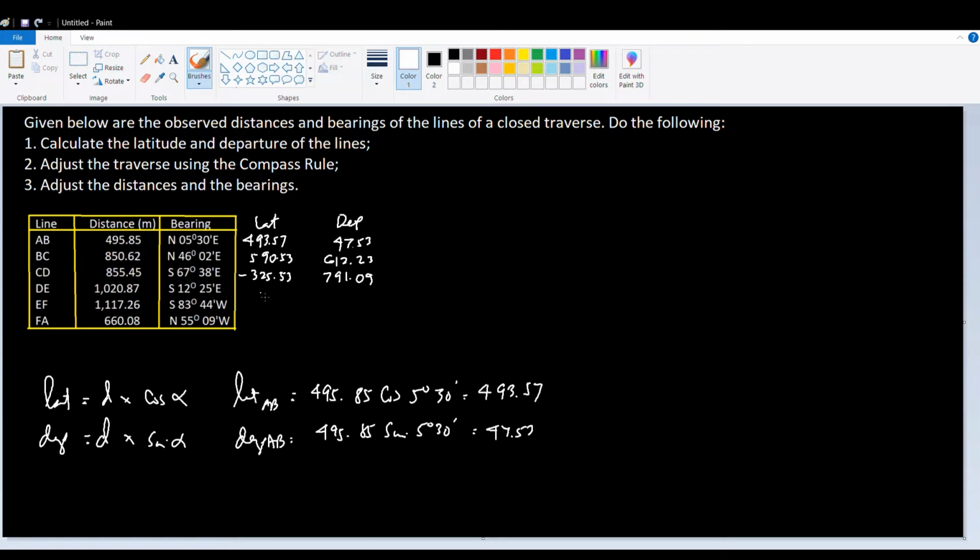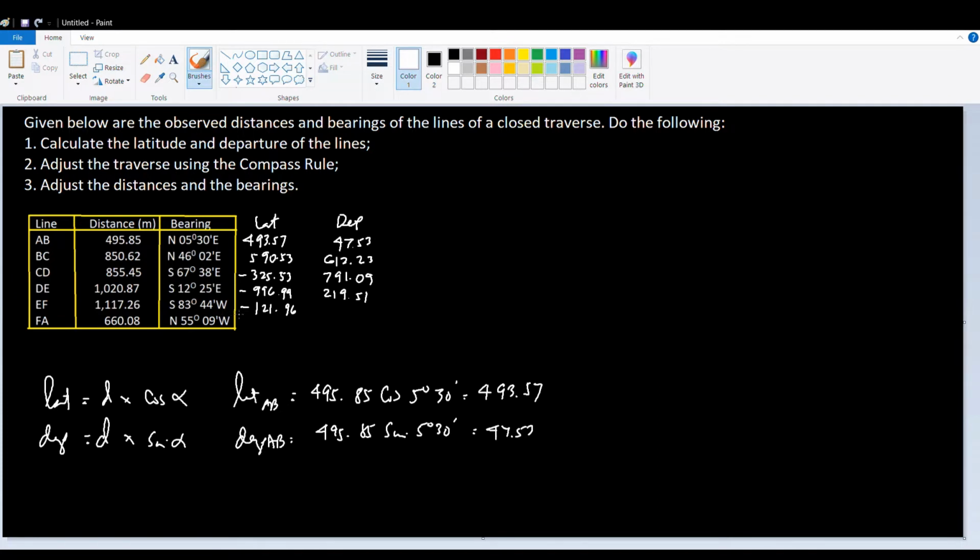791.09. We now go to line DE. We'll be getting negative 996.99, and the departure is still positive at 219.51. Then for line EF, the latitude will be negative because it is in a southerly direction, 121.96.